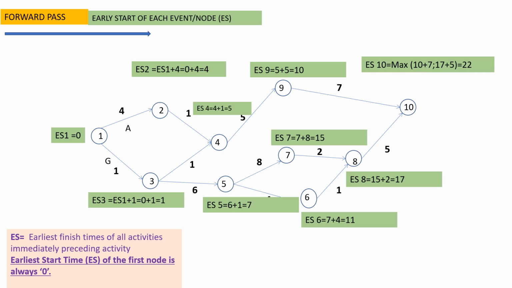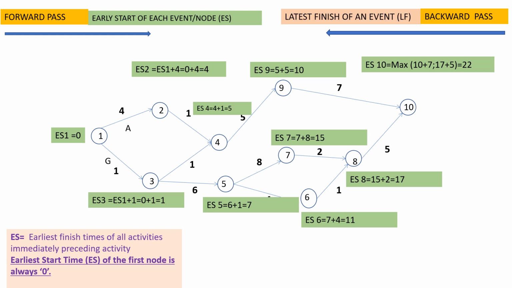Now, once we have calculated early starts at all the nodes, we begin backward pass. Backward pass is done from right to left. That is, we move from the end or finish node to the start node. So we begin at the end event or end node and we move towards the start node.